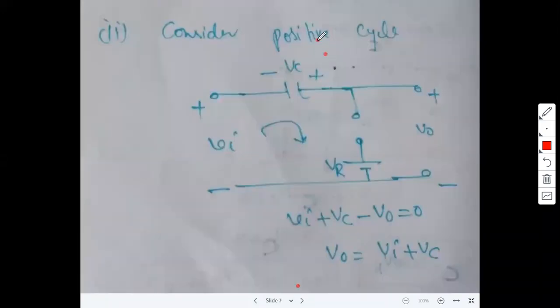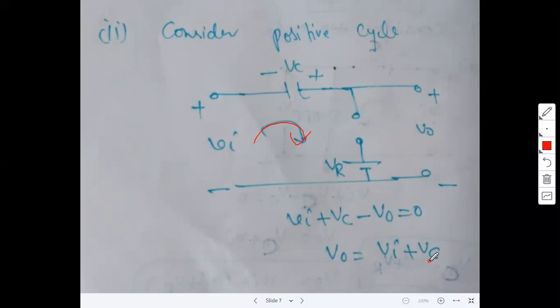Next, consider the positive cycle. During this positive cycle, diode D is off. Then you have to calculate the output voltage, so apply KVL to this loop. This is the polarity: this is minus, this is plus. Why? Because the capacitor charged in this direction. Now apply KVL: Vi plus VC minus V naught is equal to 0.